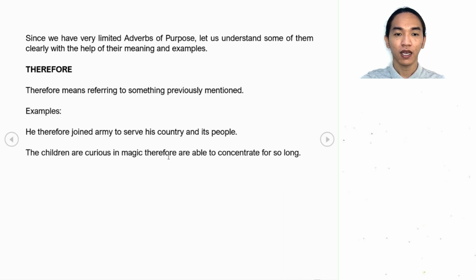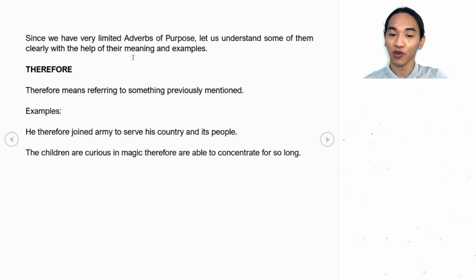Now, since we have very limited adverbs of purpose, let us understand some of them clearly with the help of their meanings. Okay, first off, we have therefore. Therefore is referring to something previously mentioned. Okay, so you refer it from something that was previously mentioned.